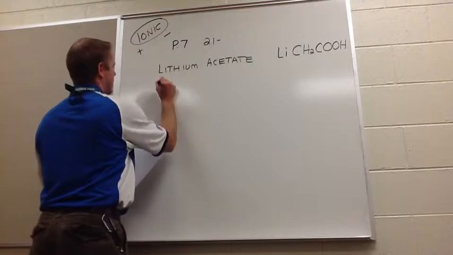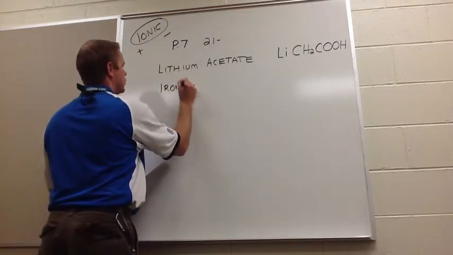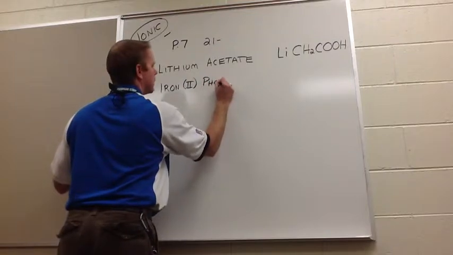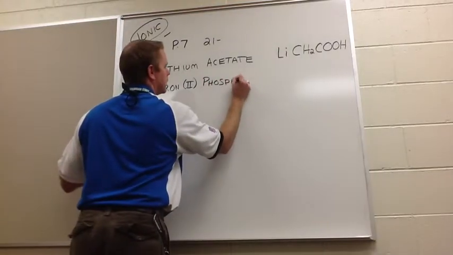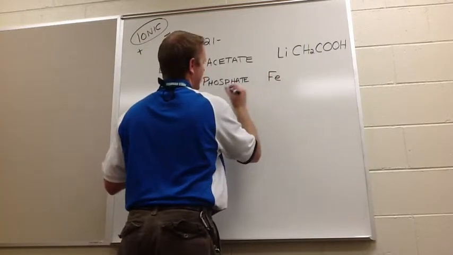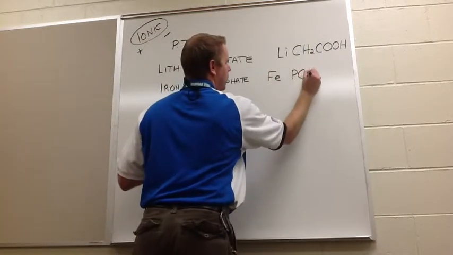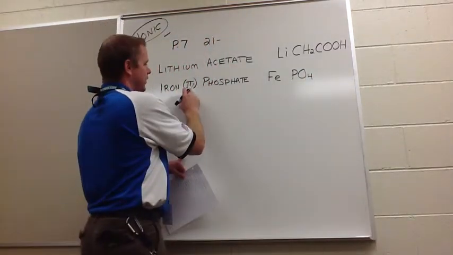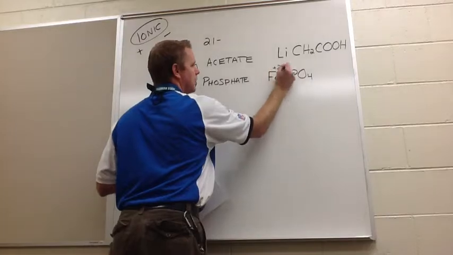How about the second one? It says iron 2 phosphate. So the first thing I do is I write out Fe, and phosphate is PO4. Now, charges. Iron, this is iron 2, therefore this is +2.